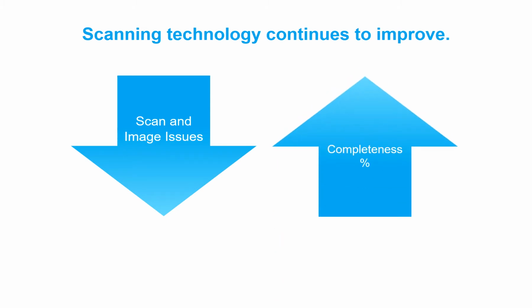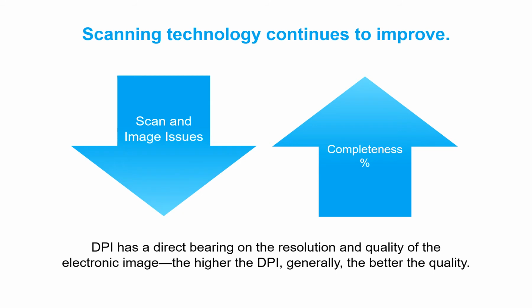For example, historical images were scanned and stored at 200 dots per inch, or DPI. DPI has a direct bearing on the resolution and quality of the electronic image. The higher the DPI, generally the better the quality. Now, with better equipment and less expensive storage, we now scan at much higher DPI, between 500 to 600 DPI.